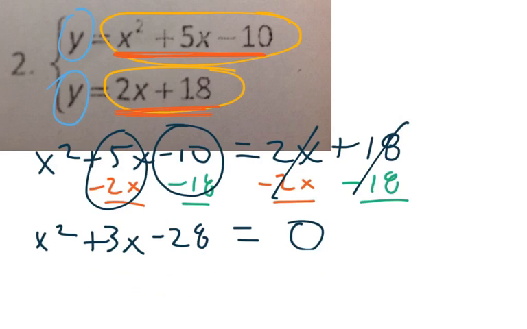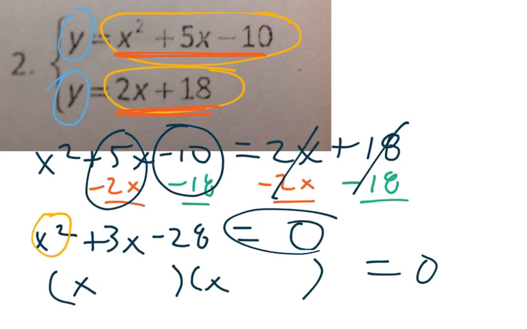But for those of you that are in my IM2 right now, guys, you remember how we started learning how to factor? Because that's what I recommend right here. I would not solve this with a quadratic formula if I can factor it, okay? And so let's try to factor it. So in other words, this x squared right here has to be x times x.